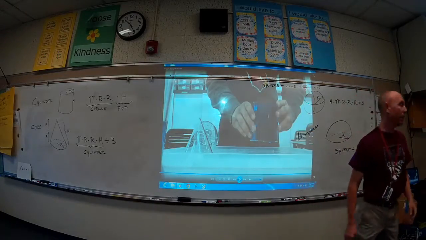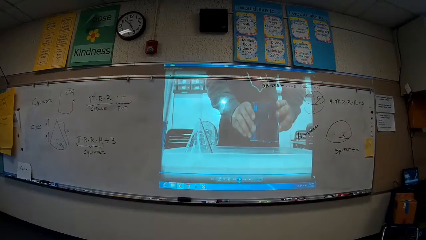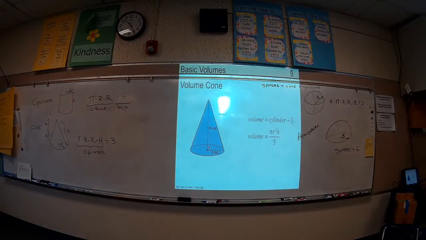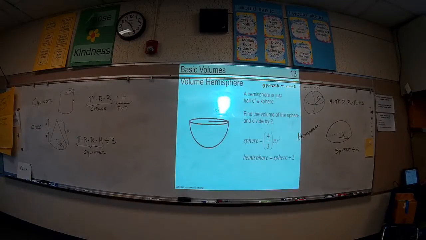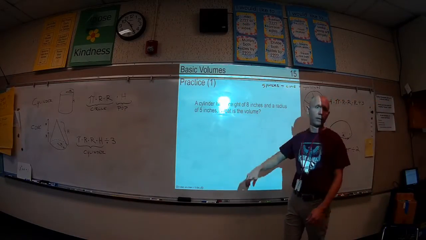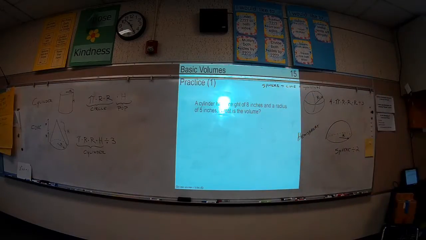Here we go. Let us do some math. Let's go with slide number 15. We use these to find the volume of a cylinder with a height of 8 and a radius of 5. Write on your whiteboard.